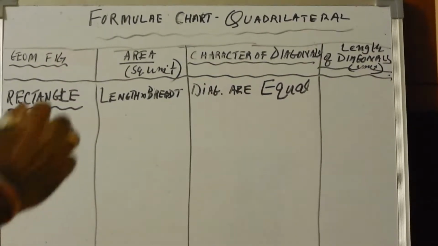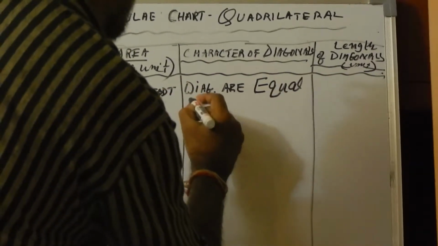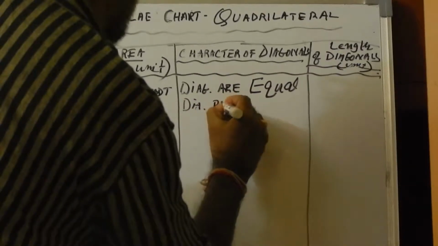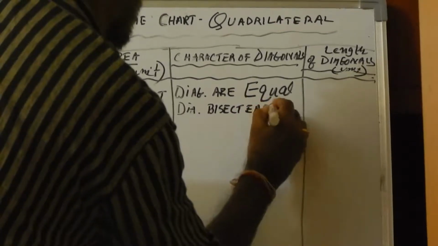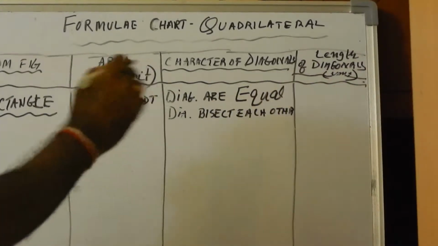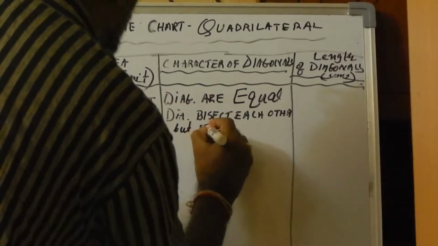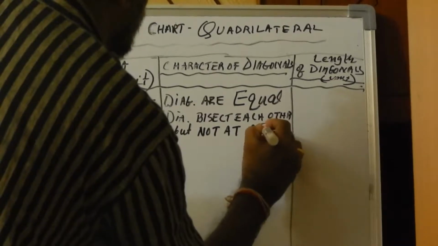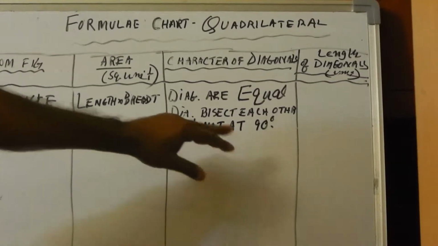So for this rectangle, diagonals bisect each other but not at 90 degrees or right angle.